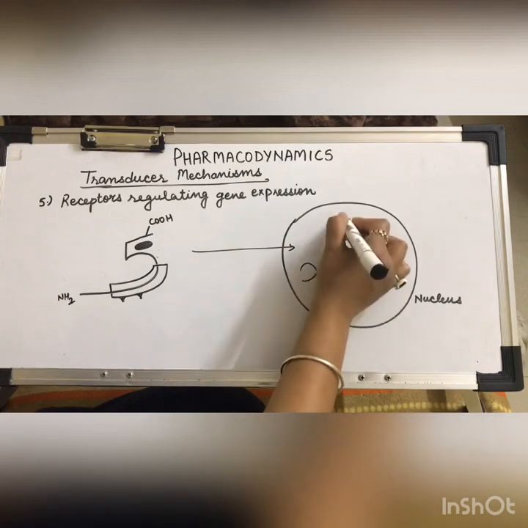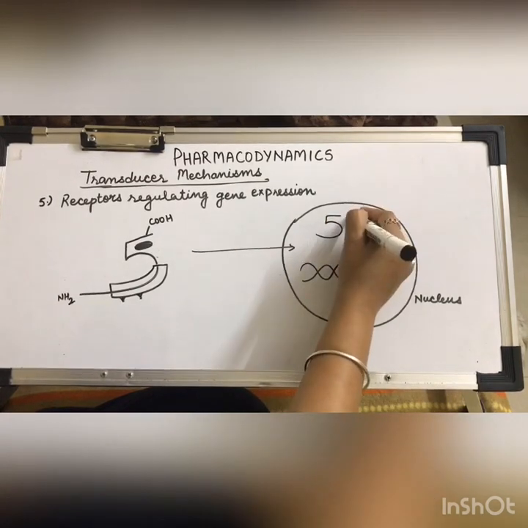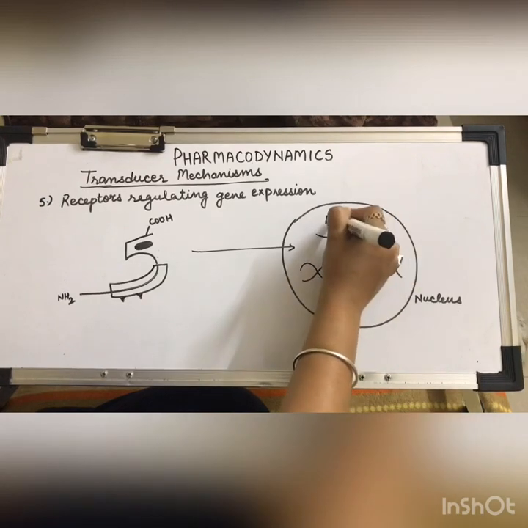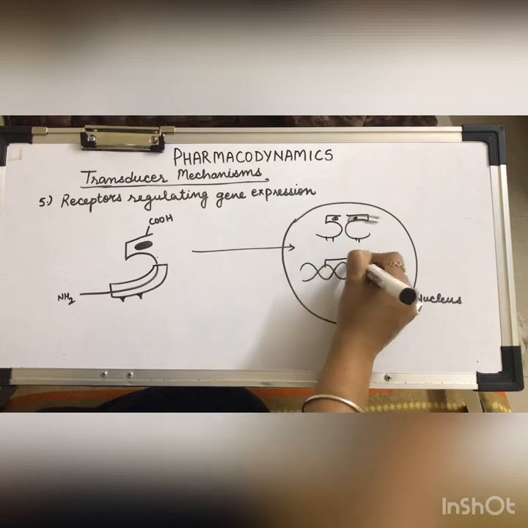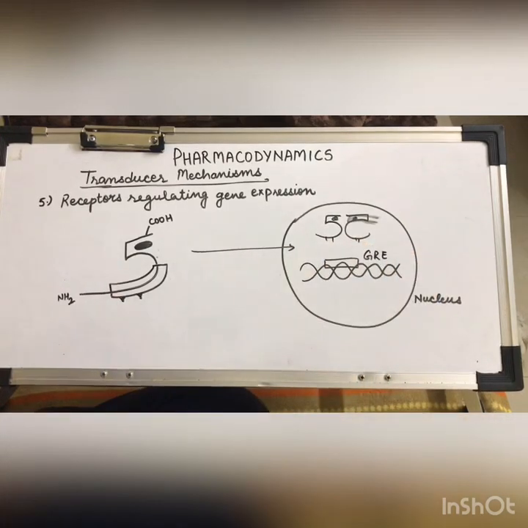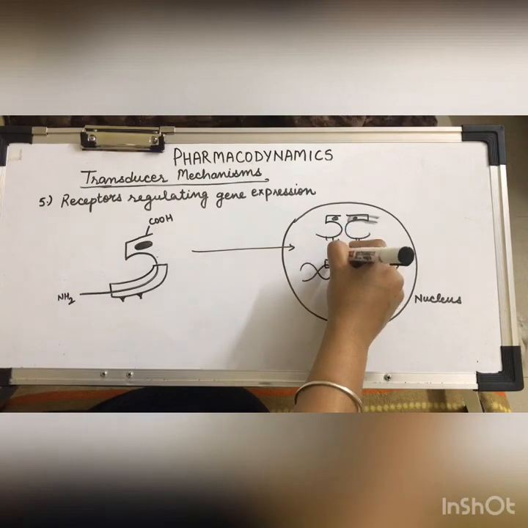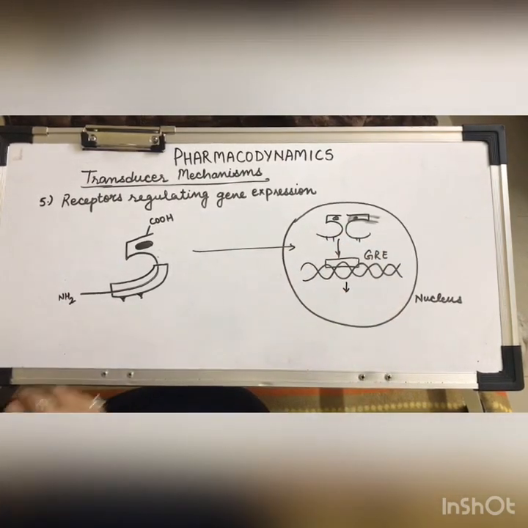When they bind to the DNA, they bind to a specific region known as GRE, that is glucocorticoid responsive elements. When they bind to this region, they can regulate transcription.